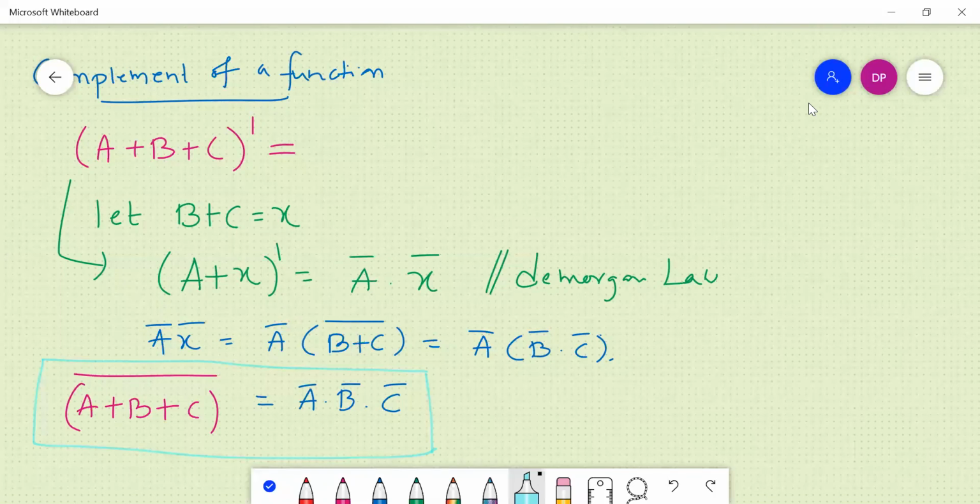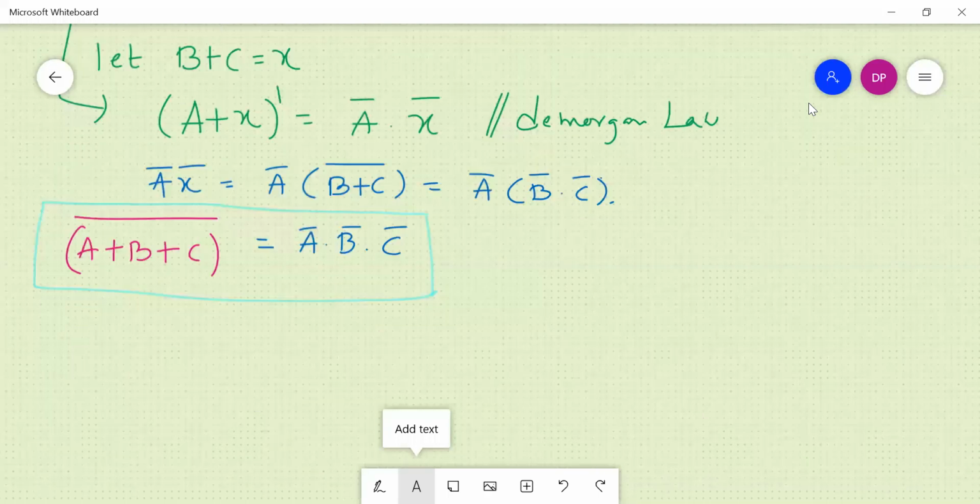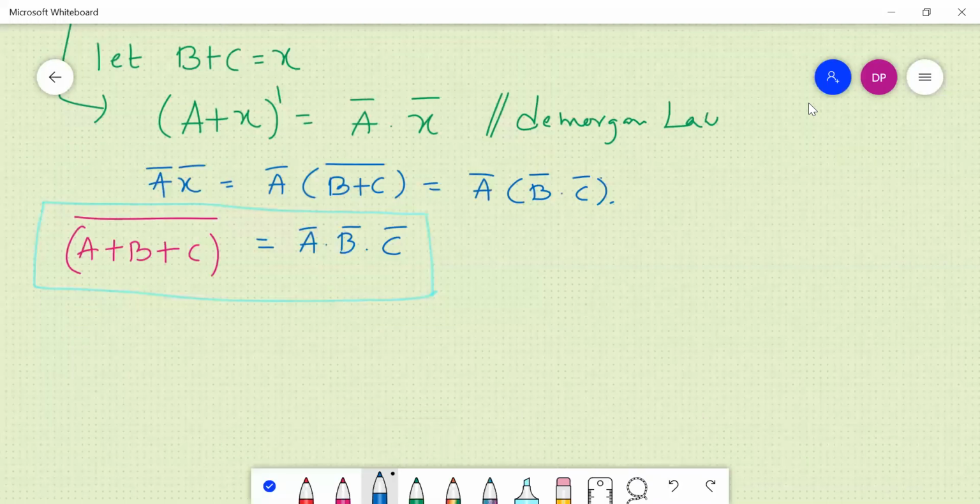It can be generalized to many variables, and we will write its duality property also. For many variables, we can write what?